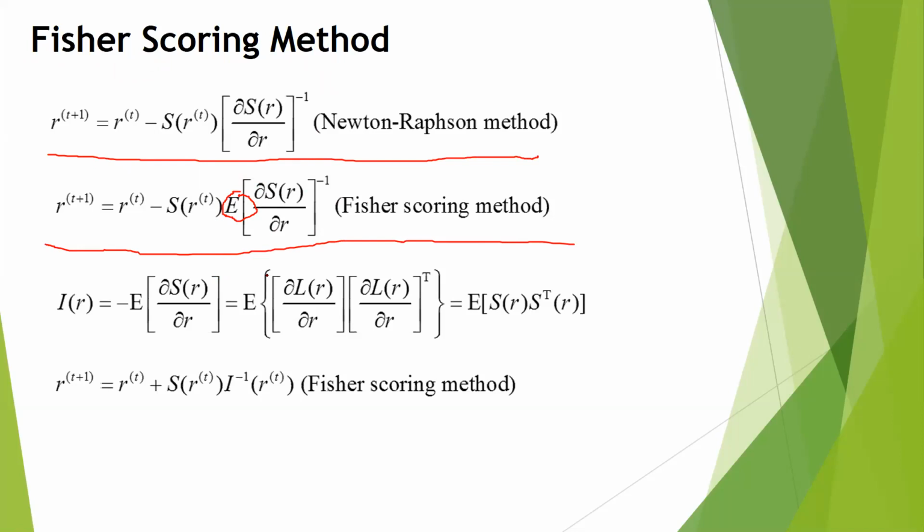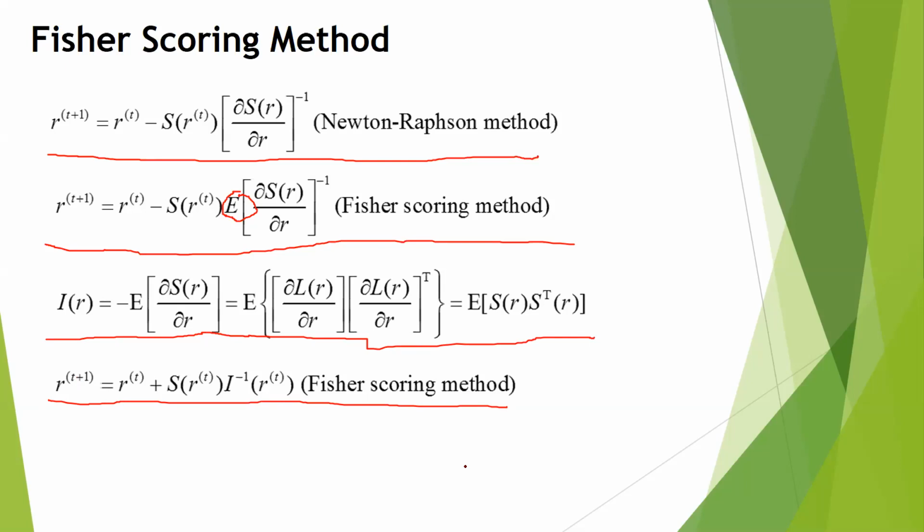In most cases, this can solve the overflowing problem, and the rest of the terms are identical. This is how we calculate the information, and this is the Fisher scoring method. This is the only difference between these two methods.